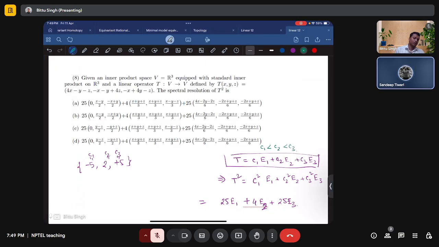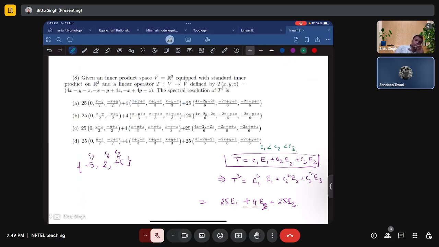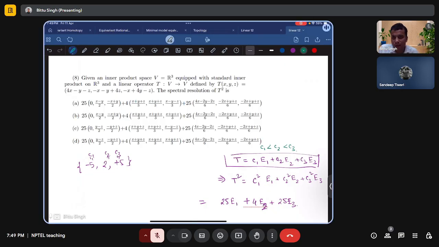But sir, in the previous case, C1 was minus 5 to plus 5. But in this case, we have 25, 4, 25. They have changed. Then how can we relate this to the previous question? Yes, whatever you are telling is correct. That's why we will always take that previous choice.